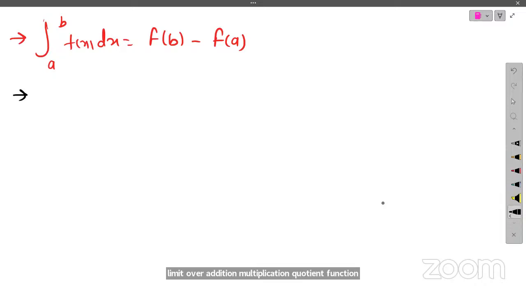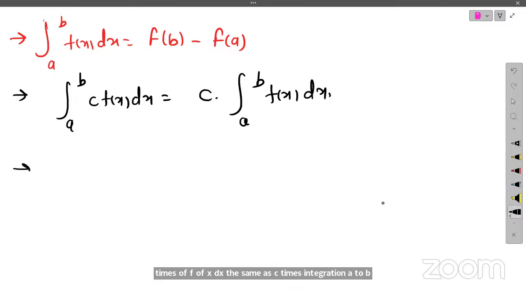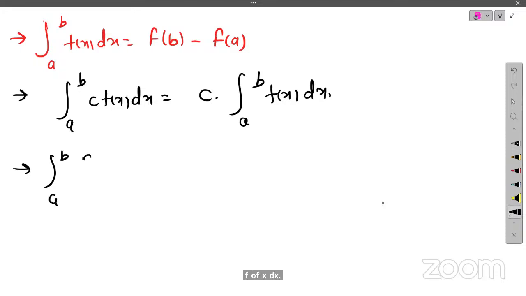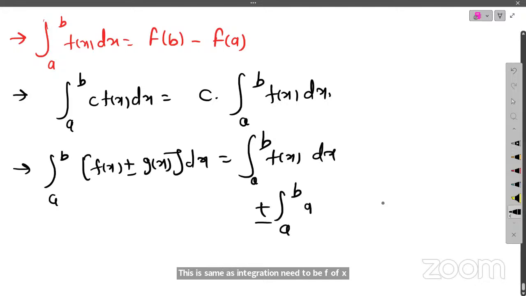That means the integration from a to b of c times f of x dx is the same as c times the integration from a to b of f of x dx. And the integration from a to b of f of x plus or minus g of x dx is the same as the integration from a to b of f of x dx plus or minus the integration from a to b of g of x dx.